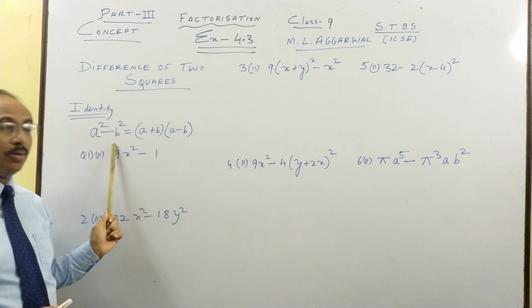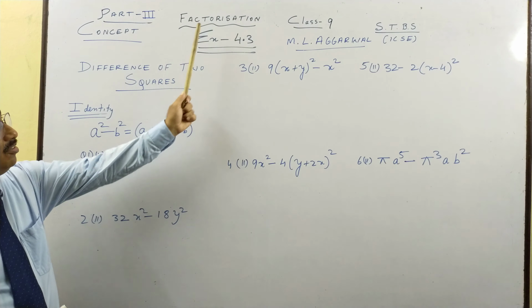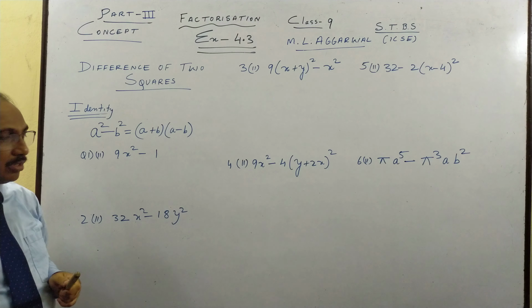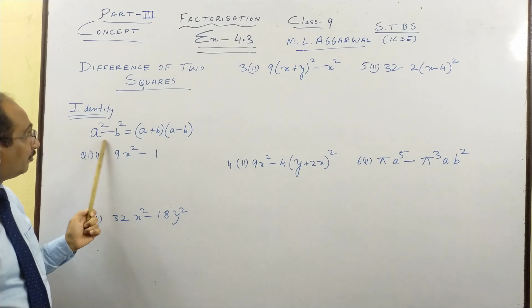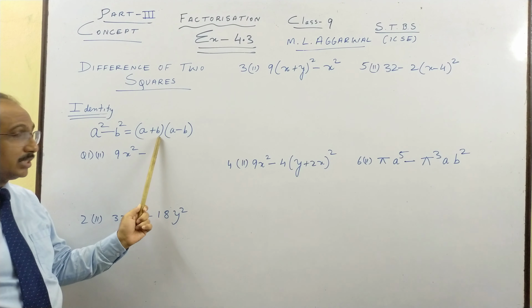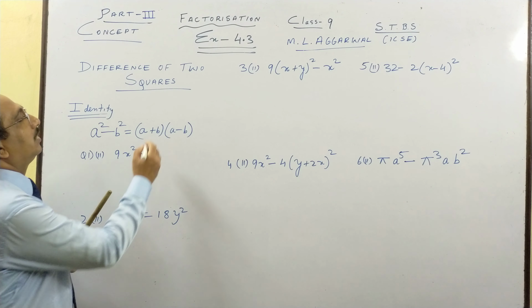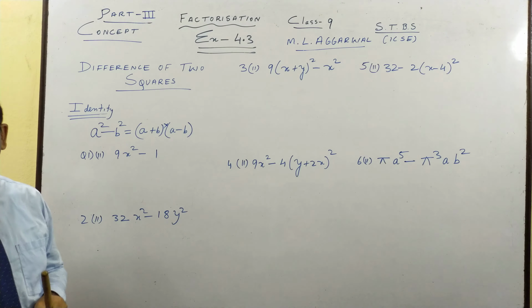So this formula has come in expansion, which we use in factorization, because this difference of square on left side, right side it gives you a plus b, a minus b, where we get a product. There is something hidden here that is into.